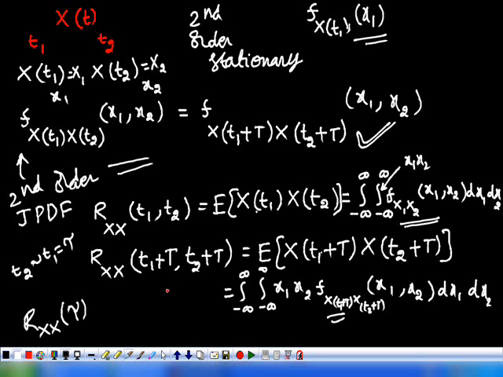So Rxx of T1 comma T2 can be represented as Rxx of tau, because it is not depending on these time values. It is depending only on the time difference between these two times. Then the random process is said to be a second order stationary random process, or stationary random process.